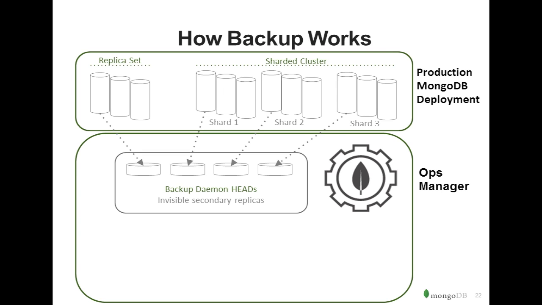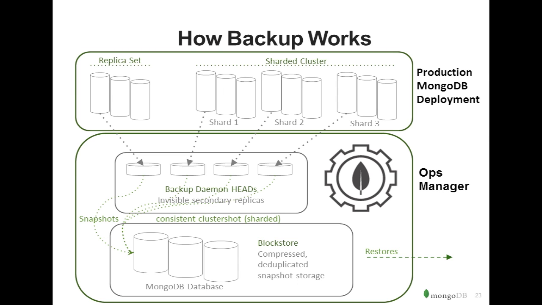So the agent ships the initial sync and oplog data over HTTPS back to the Ops Manager. The backup agent then tails the replica set's oplog to maintain an on-disk standalone database, these heads. And for each backed up replica set, each head is consistent with the original primary up to whatever the last oplog was supplied by the agent.